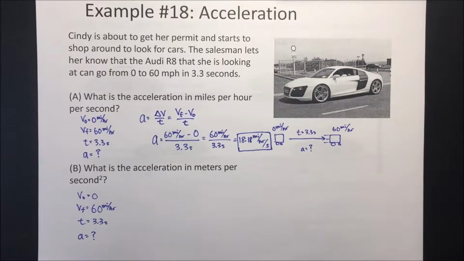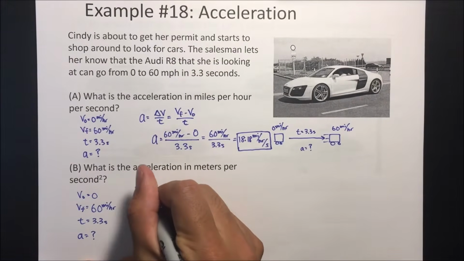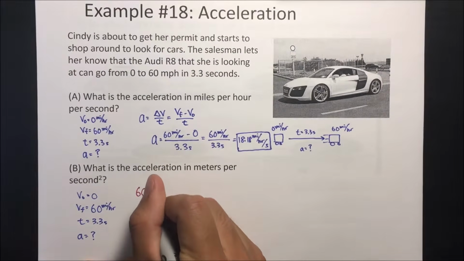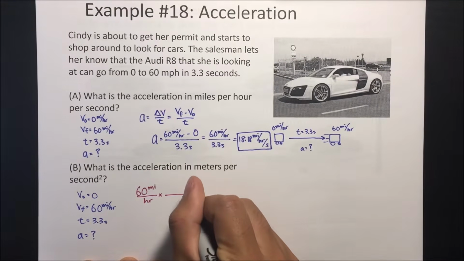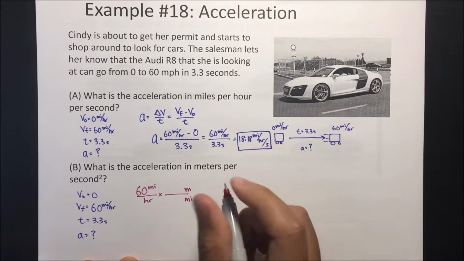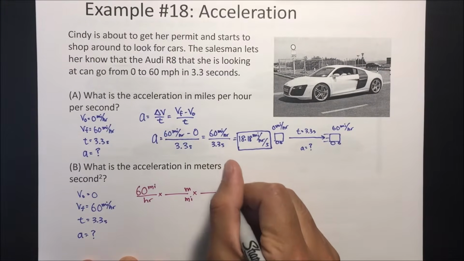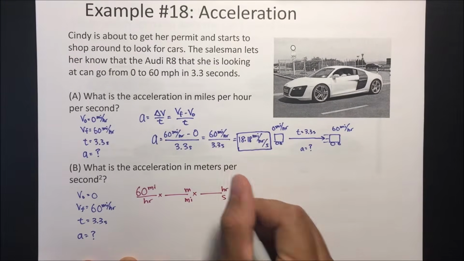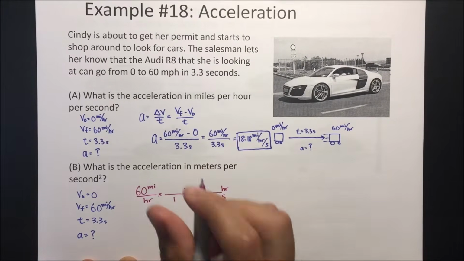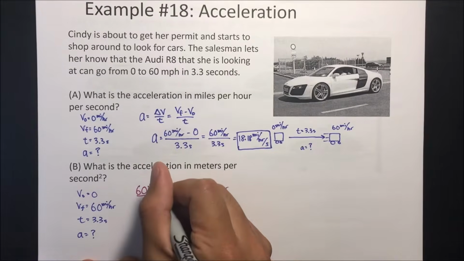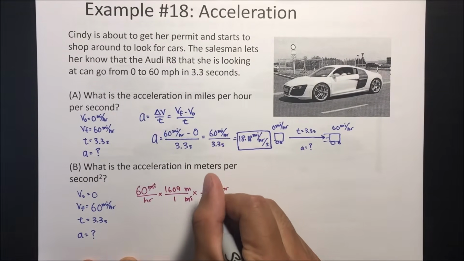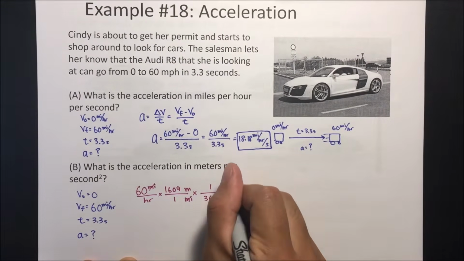Let me use a different color for that. 60 miles an hour. Let's get rid of the miles and put this into meters, and get rid of the hour and put it into seconds. So we know 1 mile is equal to 1609 meters, and 1 hour is equal to 3600 seconds.